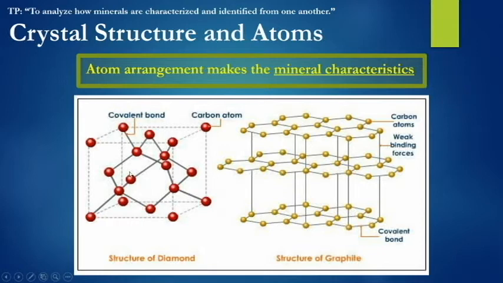All right, what's the reason for that? It all has to do with the atoms and how they're arranged. So you can see here we have covalent bonds, and the atoms are arranged in kind of a network. Whereas over here, graphite is arranged in sheets. We have sheets of graphite, and they're weakly held together by a force, Van der Waals forces.